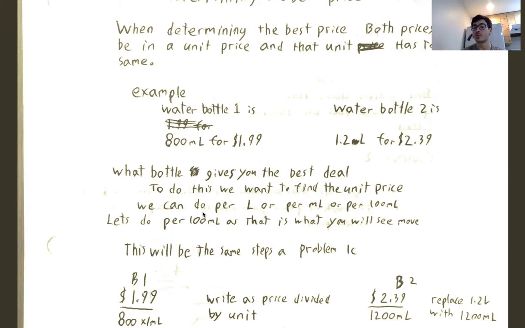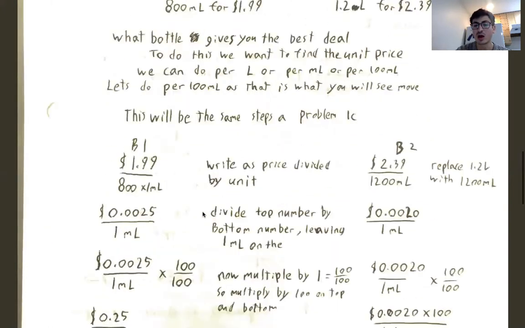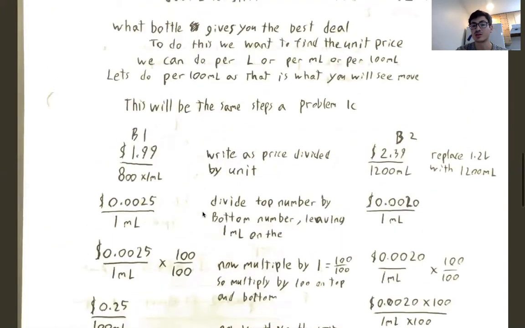So we try to keep it per 100 milliliters, so we just have a dollar or just cents. We don't have a quarter of a cent or 0.1 of a cent. It wouldn't make sense to really work with those small numbers. So we're going to choose the unit that we want both of the water bottles to be in to be per 100 milliliters.